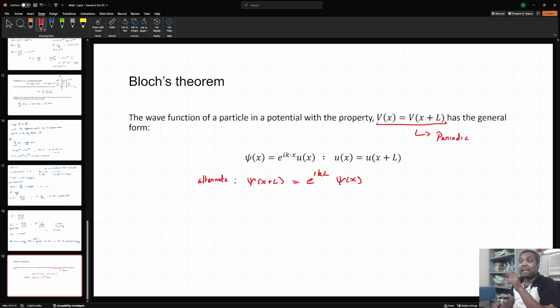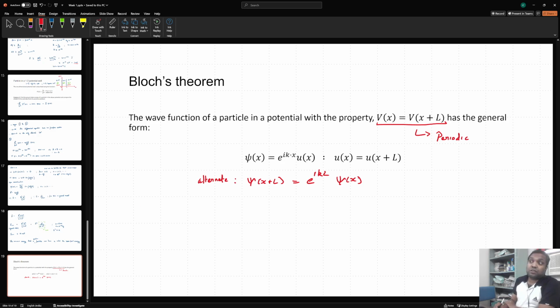And e to the power ik(x plus L) is e to the power ikx into e to the power ikL. If I take the e to the power ikL common, I will have e to the power ikx into u of x, which is psi of x. So this is an alternate statement of the same theorem. These two statements are equivalent. Please look at what is on the right hand side, whether it is u of x or psi of x. Observe the equation carefully before answering any question related to it.